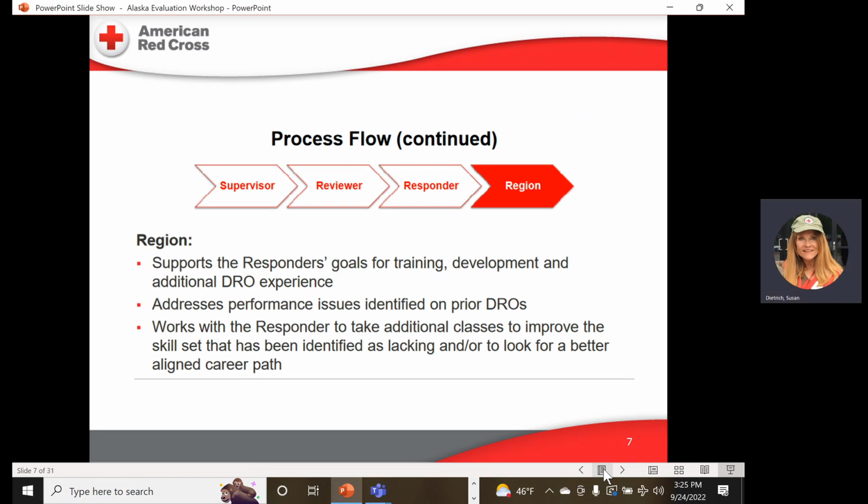It then goes to the region, and this supports the responder's goals for training, development, and for additional experiences. If there were performance issues, that can be addressed at the regional level. And the region works with the responder to find the classes that they need to increase their skills and to reach their goals.